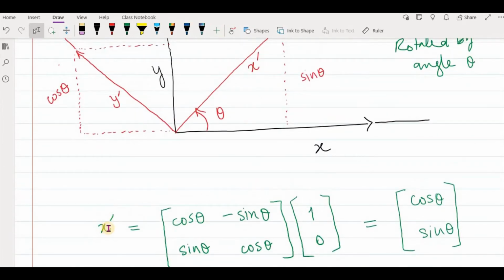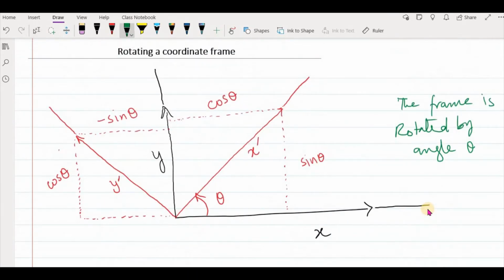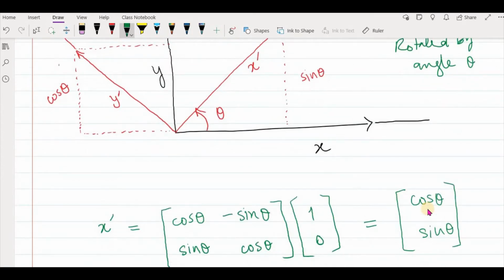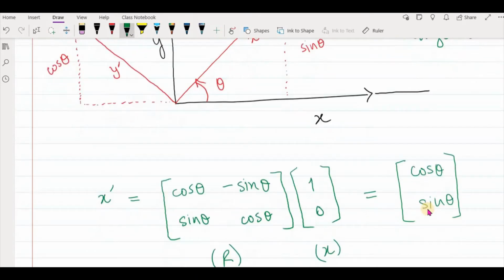You see that the rotated frame x prime is composed of x component and y component. The x component is cosine theta, and the y component is sine theta, which we have already calculated.